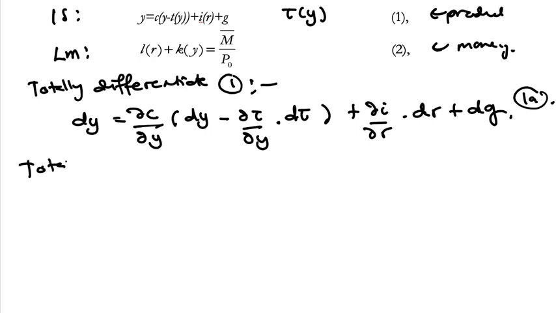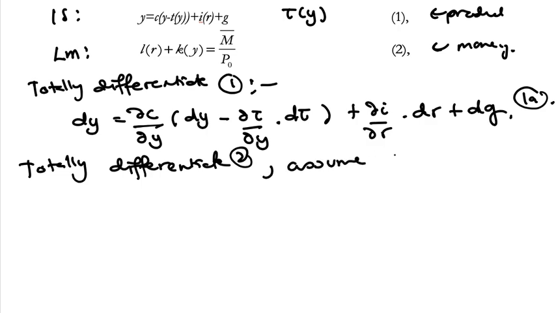Also totally differentiate 2. But at the same time you have to assume M over P is fixed. Remember, we want to look at what happens to output when G changes, because we're talking about fiscal policy. So we don't talk about monetary policy.